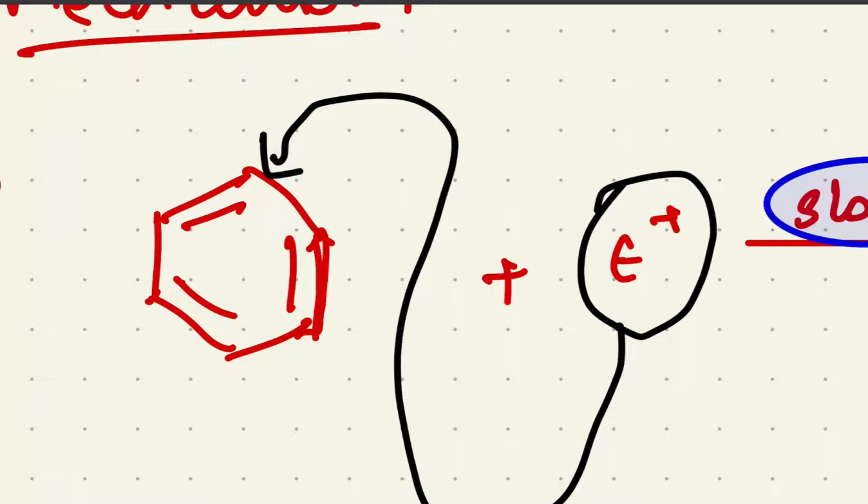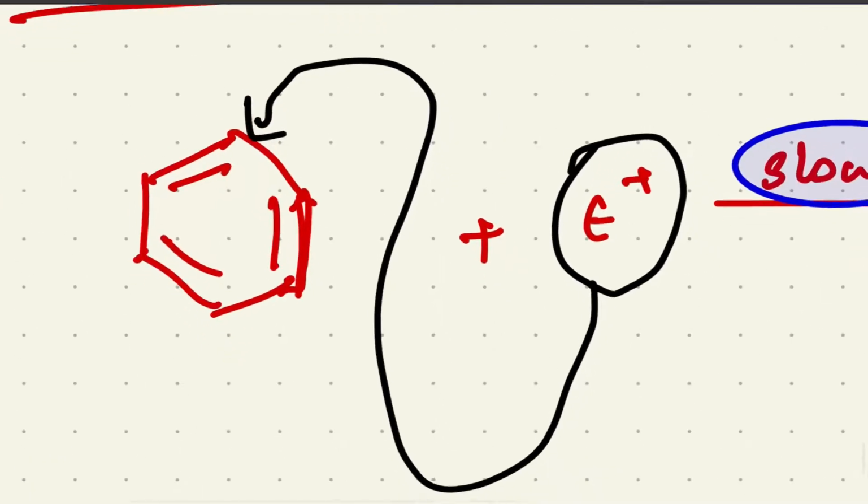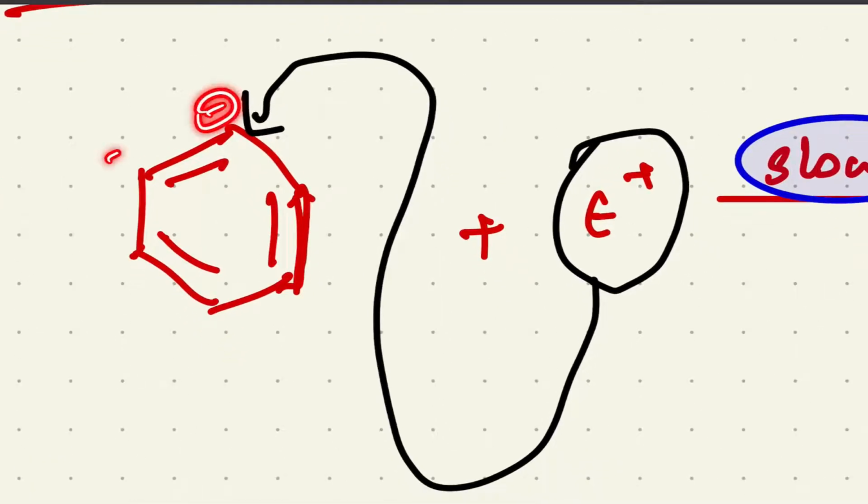This E plus has attacked this benzene at this point, so this bond can be written as minus and plus, which represents a bond. Assuming that here it's minus and here it's plus, when this E plus attacks this minus point, obviously this plus is going to remain in the compound.